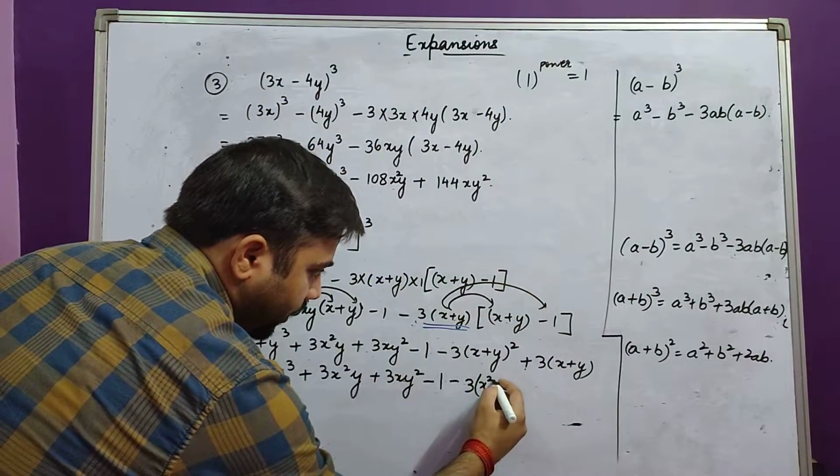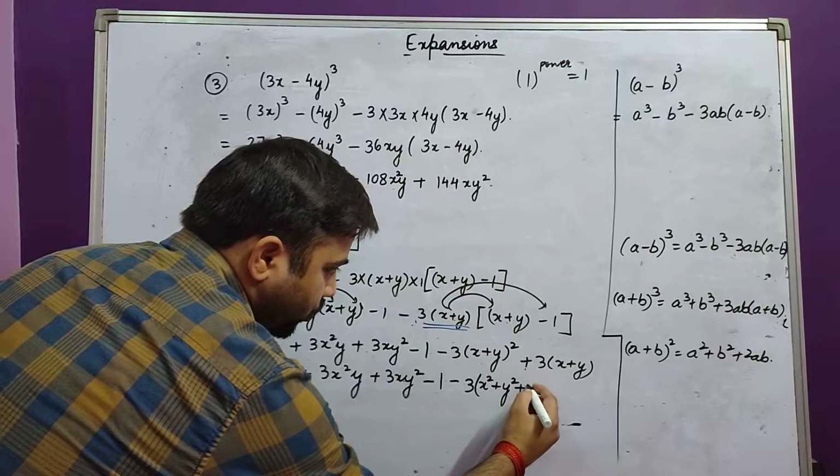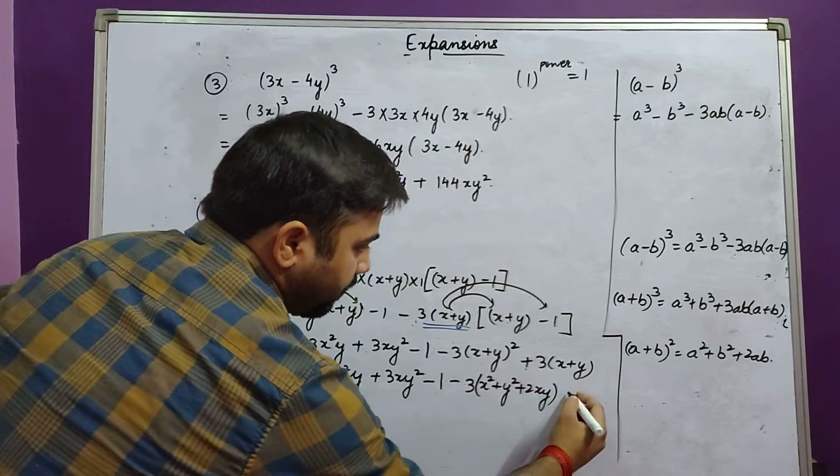3 within the bracket x square plus y square plus 2xy plus 3.